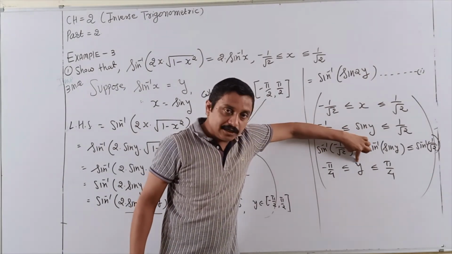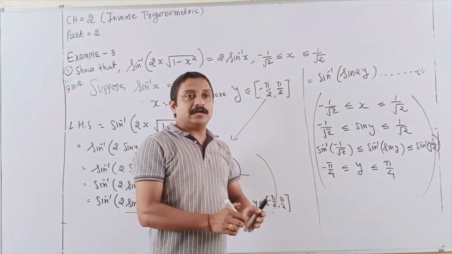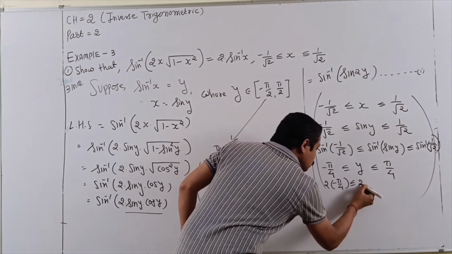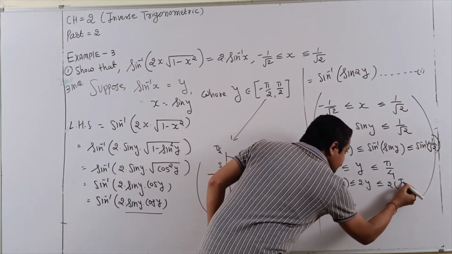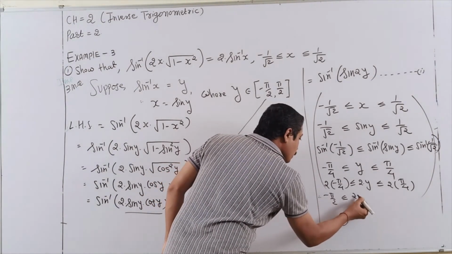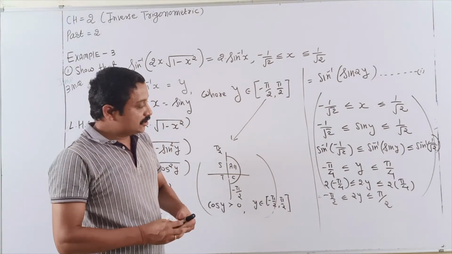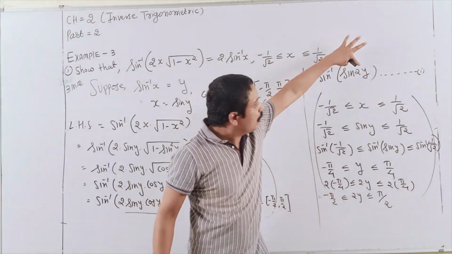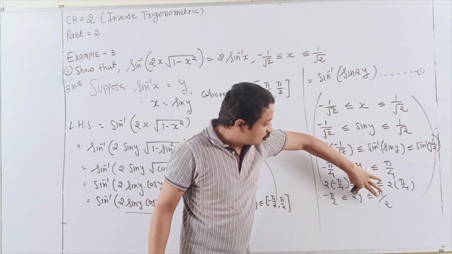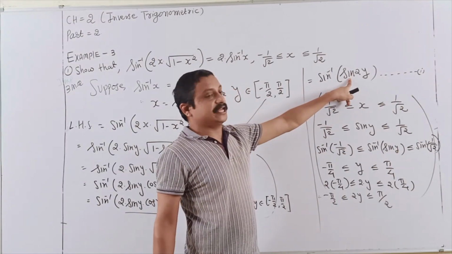That's why here I multiply each case by 2, so definitely you get minus 90 to plus 90. Yes, finally done. This 2y range belongs to the sine inverse range. One more time, this 2y range minus 90 to 90 belongs to this range.